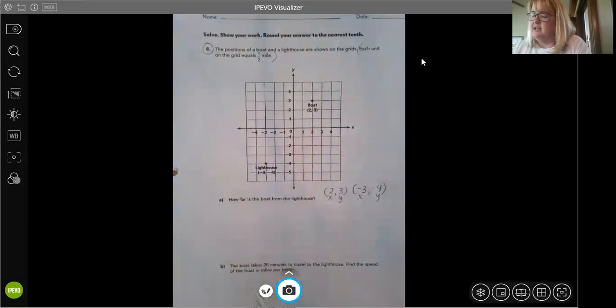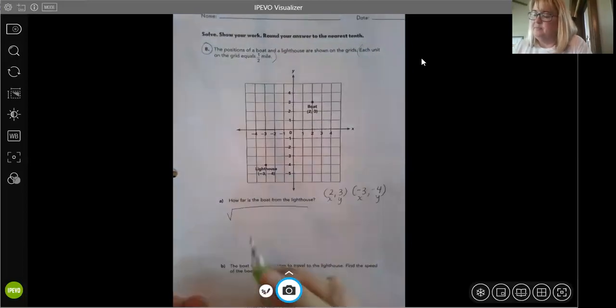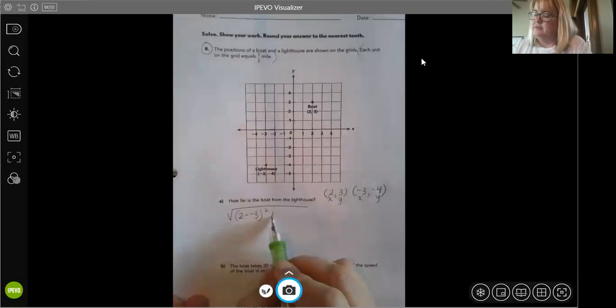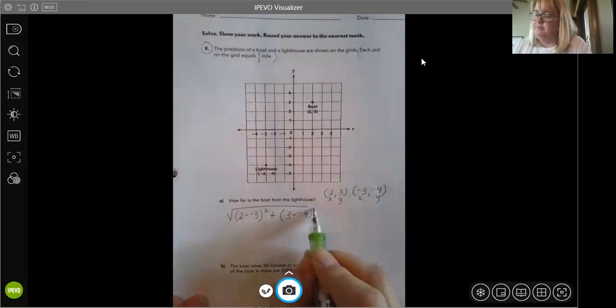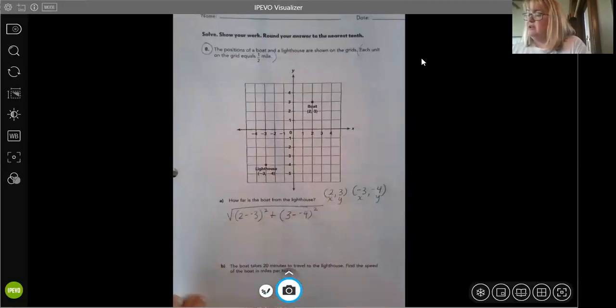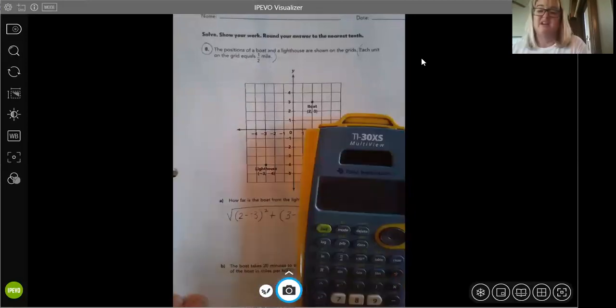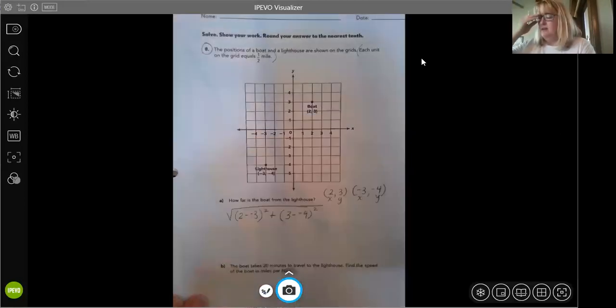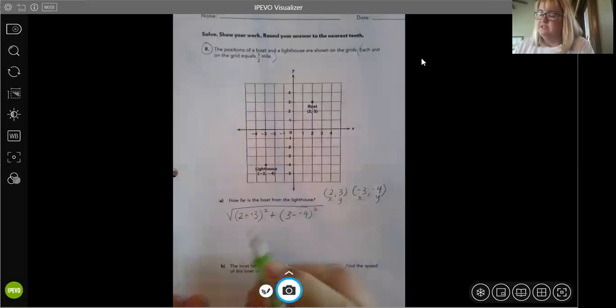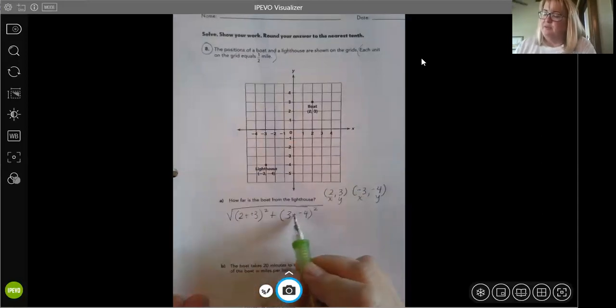So let's put that in our formula. 2 minus -3 squared, those are our X's, plus 3 minus -4 squared. Okay. And then you could just put that all in your calculator. You just have to be careful when you do so. I'm going to go ahead and simplify it a little bit before I get my calculator out. 2 minus -3 is the same thing as 2 plus 3. 3 minus -4 is the same thing as 3 plus 4.